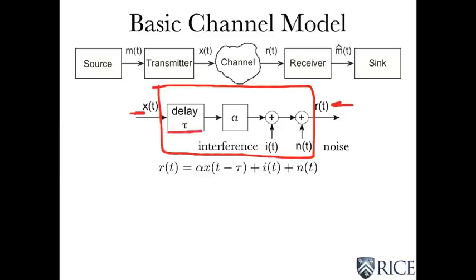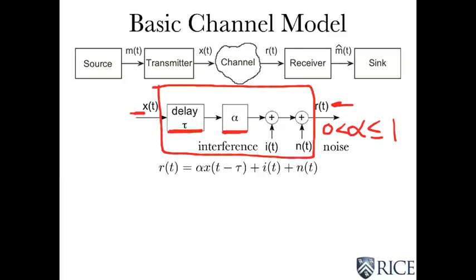The transmitted signal is delayed by some amount in both situations. It may be attenuated. Alpha is supposed to represent a gain, but usually alpha is less than 1, and certainly, hopefully, greater than 0. For the wireline channel, basically alpha is 1, but for the wireless channel, it can be significantly small, a very small number indeed.